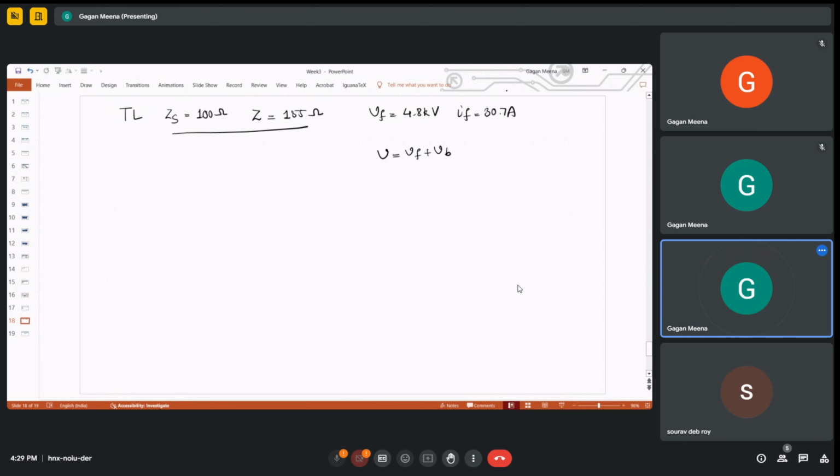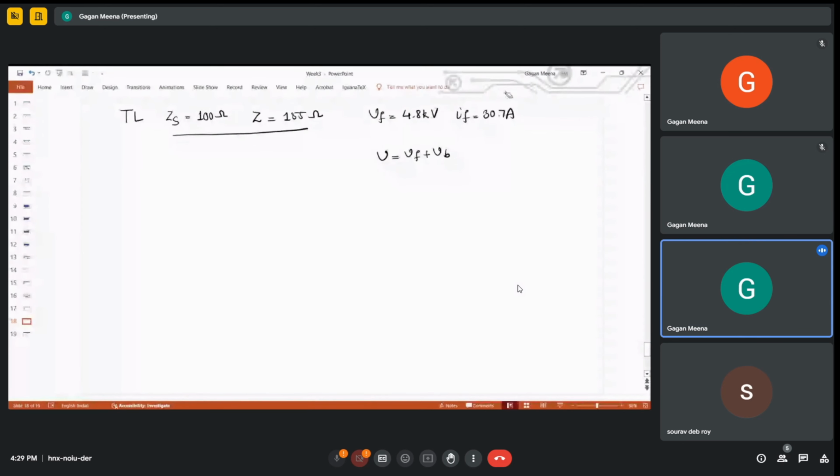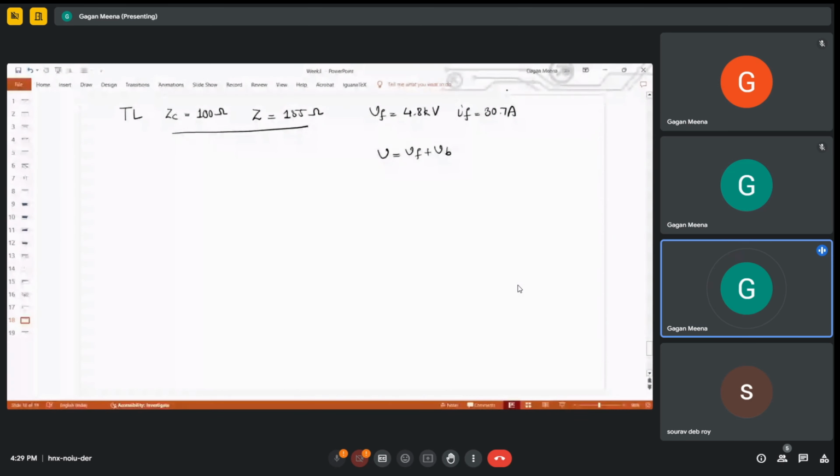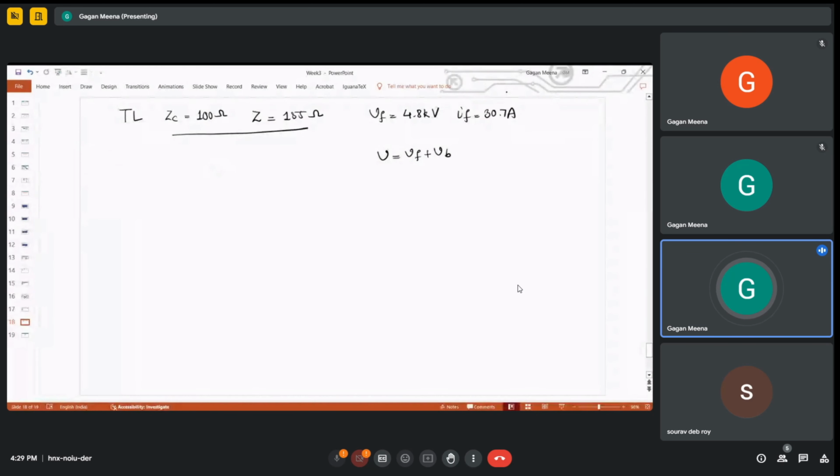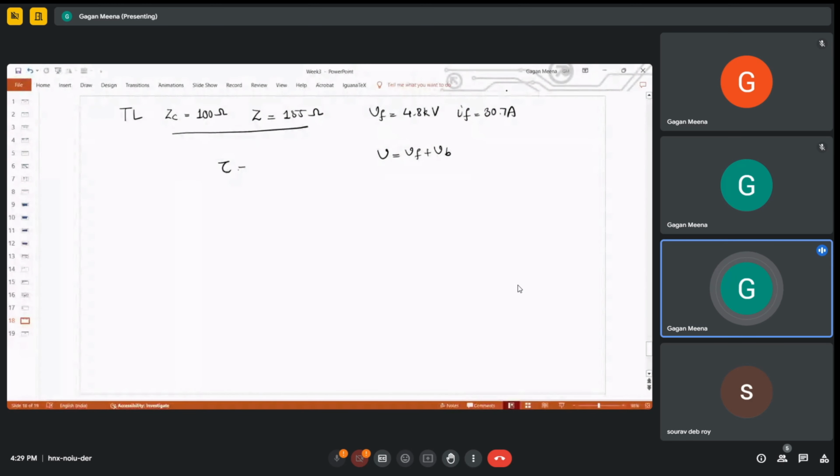We know ZC, and we know the reflection coefficient, so we can find the transmission coefficient tau, which is 2Z by Z plus ZC. This equals 2 into 155 by Z plus ZC, which is 255.